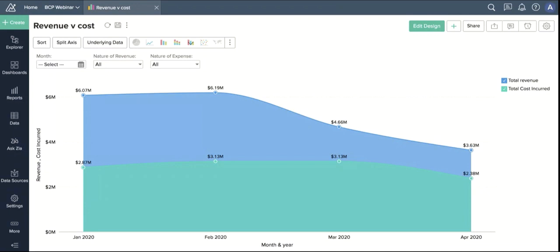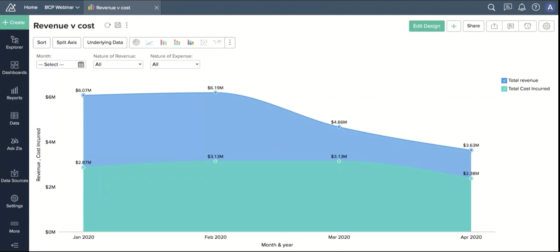Whereas the cost remains flat for the last 4 months. The gap between your total revenue and the total cost incurred is gradually narrowing, and that is a very clear indication that your cost needs to be optimized.